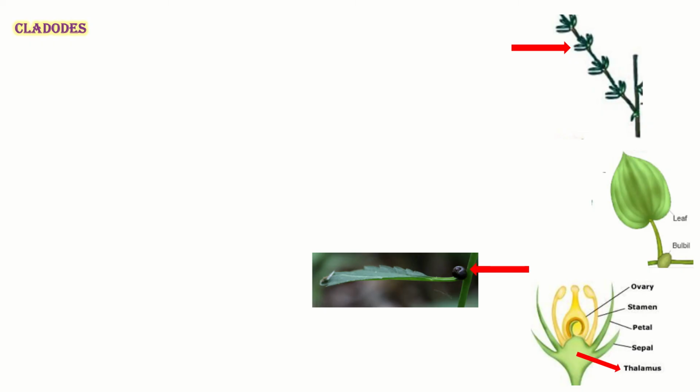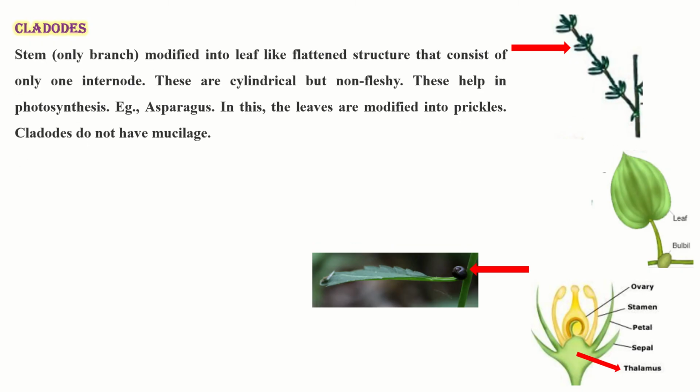Okay. Now we'll move on to the next type, cladodes. What are cladodes? Every definition over here is accompanied with a diagram. Please follow this and try to correlate with what is written in the paragraph. Stem, or more precisely only the branch, gets modified into leaf-like flattened structure.